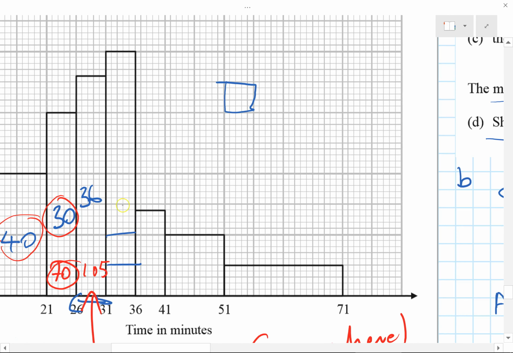1, 2, 3, 4, 5, 6, 7, 8. And you can see what I was talking about here with the extra one, which made it 36, so do take care. So that's 8 times 5, that's 40.